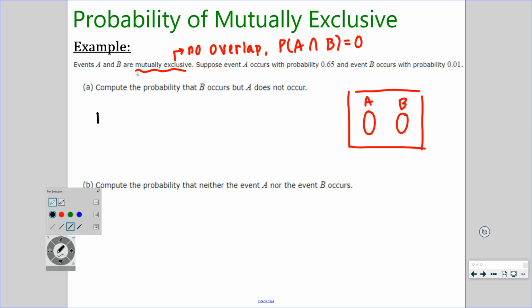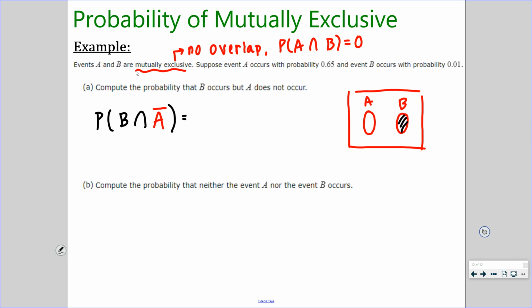Find the probability that B occurs and A does not occur. I'm going to do not A. Since there's no overlap, the probability of this happening and not this happening would just be the probability of B, since these are mutually exclusive. There's no shared space here. So the probability of B is just 0.01.